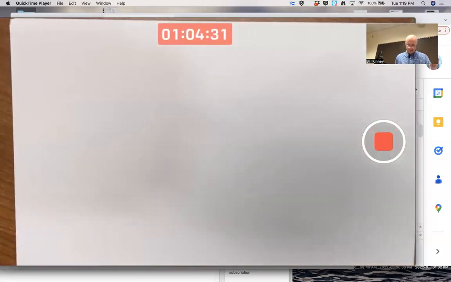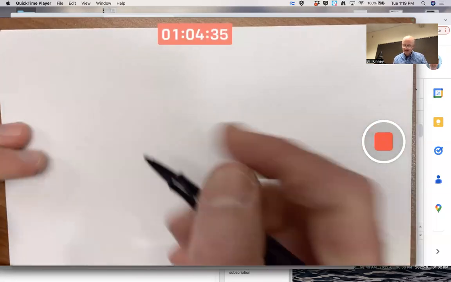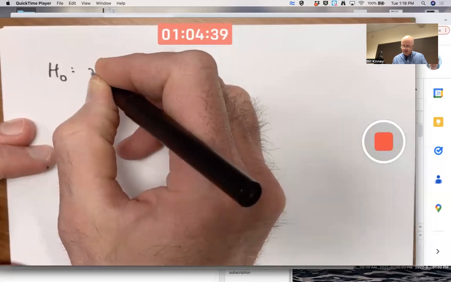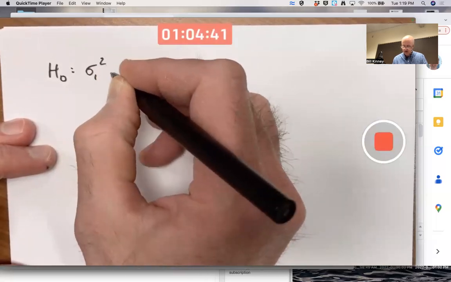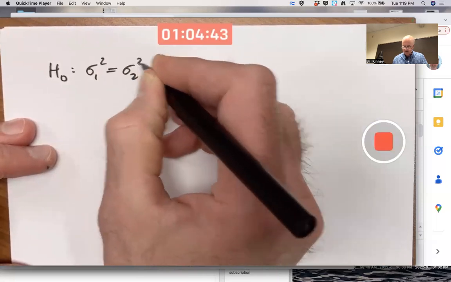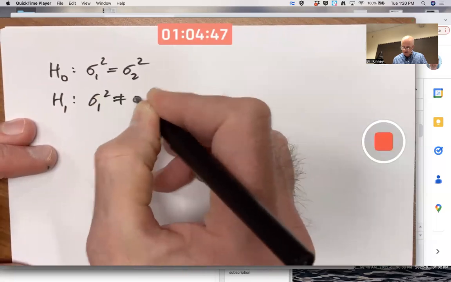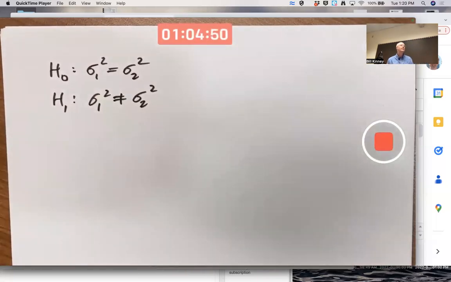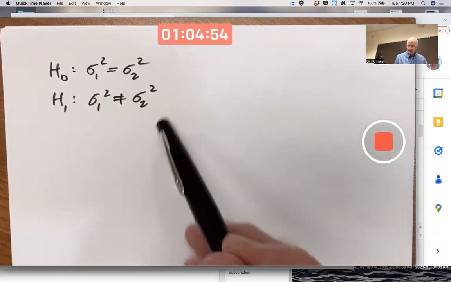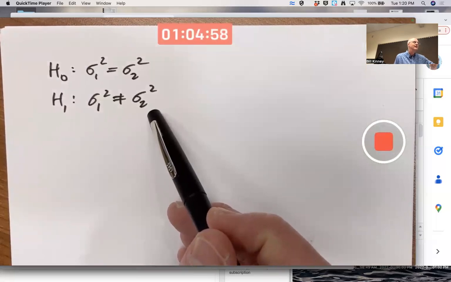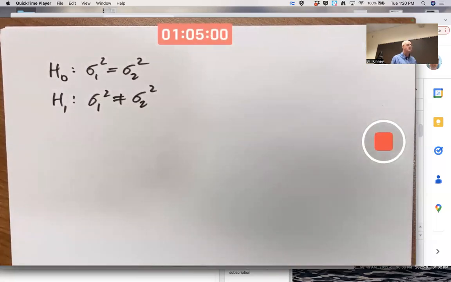But in general, we do want to be able to do a test about whether the population variances are equal or not. And if we reject the null hypothesis in this context, the advice is don't pool.